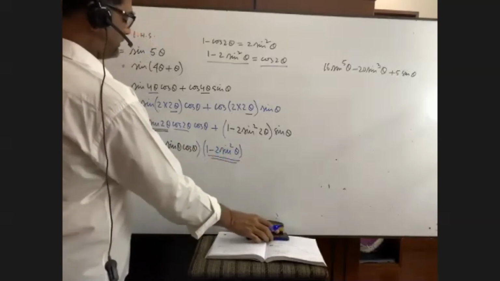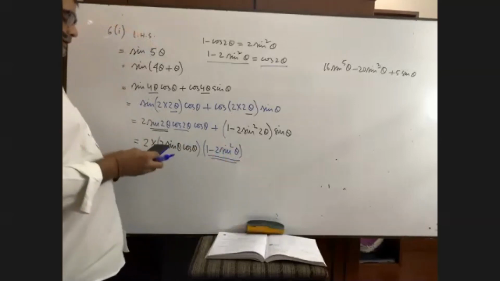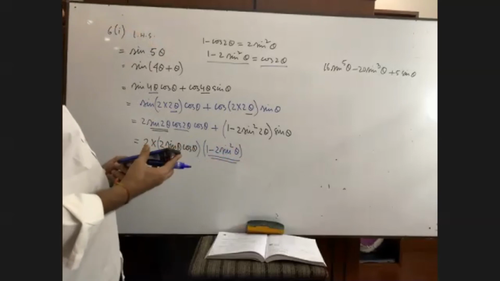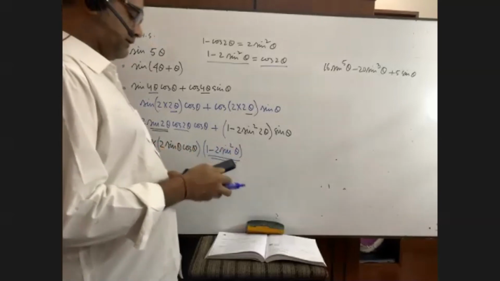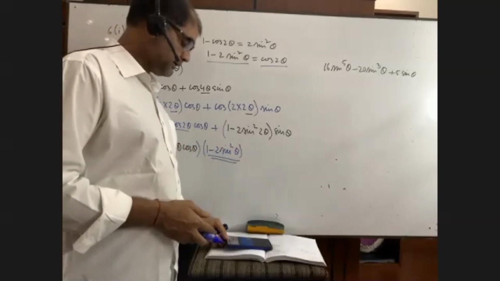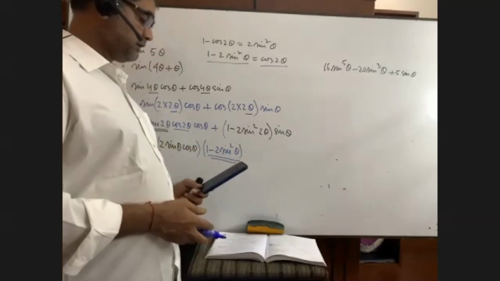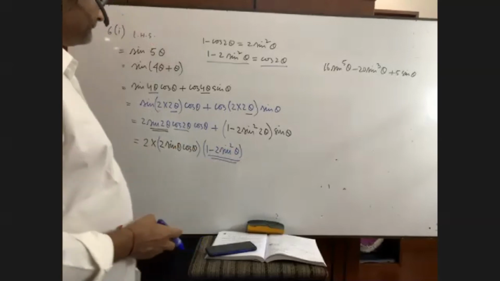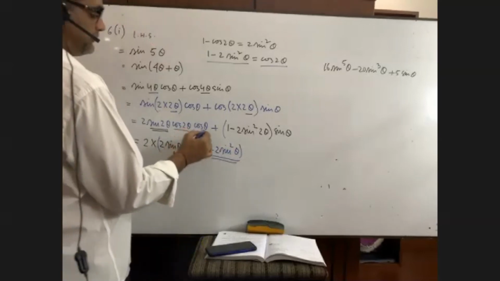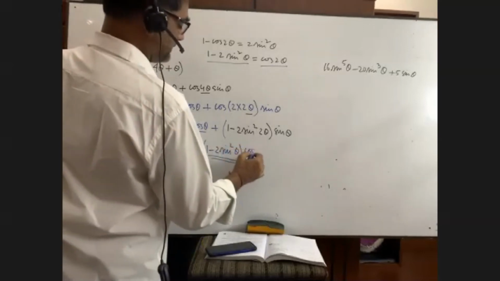What is left here? Sir, 1 minus 2 sine square 2 theta, this into cos theta. This cos theta is left here.